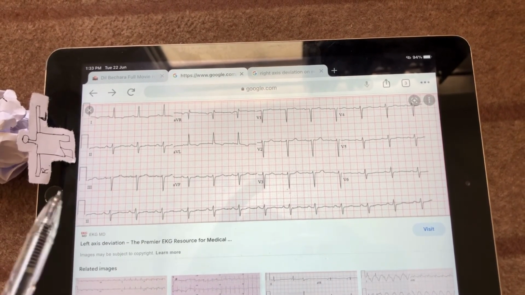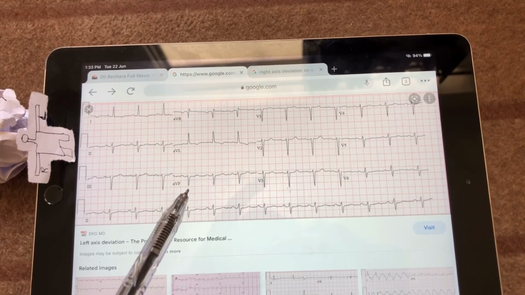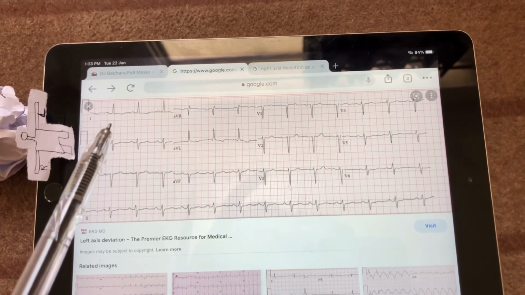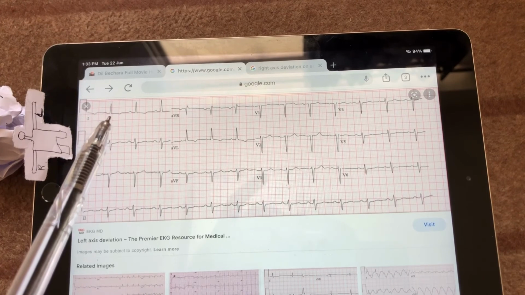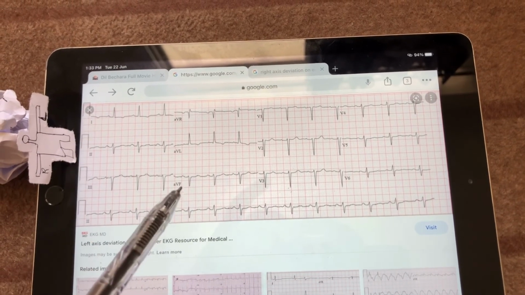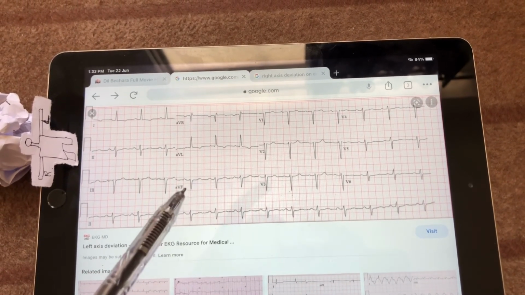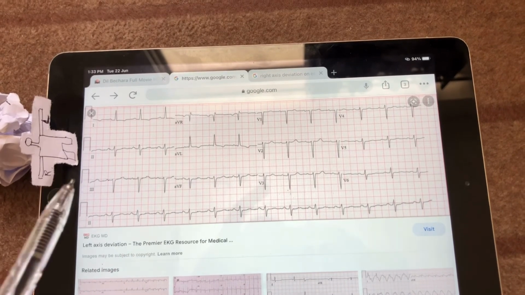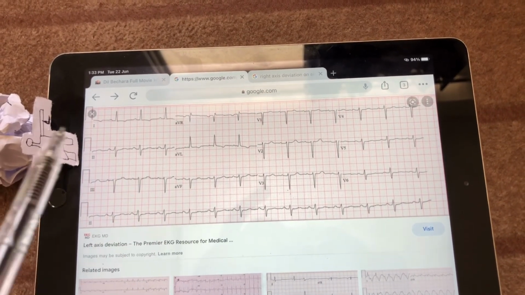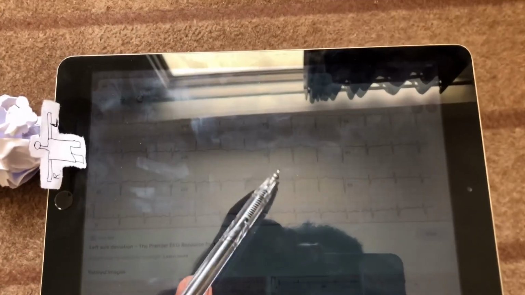AVF is at the right side. Now if the positive deflection is in lead number 1 and there is negative deflection in lead AVF, it means the right axis is down and the left axis is up. So it's left axis deviation.